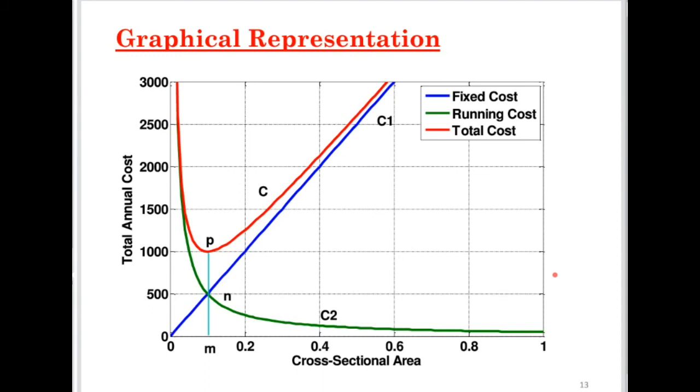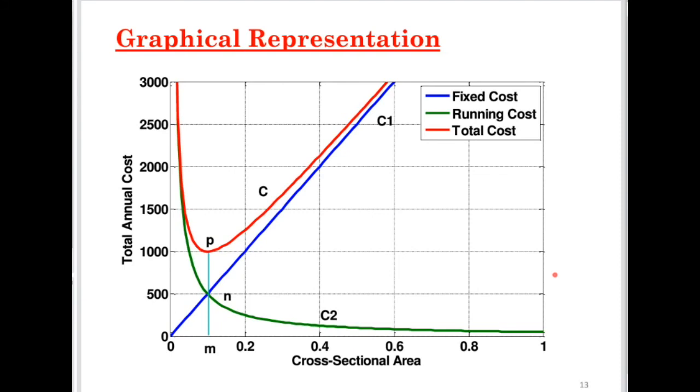Now if we try to plot them, you remember that there was the total cost, capital C, and if we divided that into two costs, C1 was the fixed cost, standing cost, and C2 was the running cost. Fixed cost came from the conductor cost, running cost came from the cost of energy wasted in the line in the conductor.